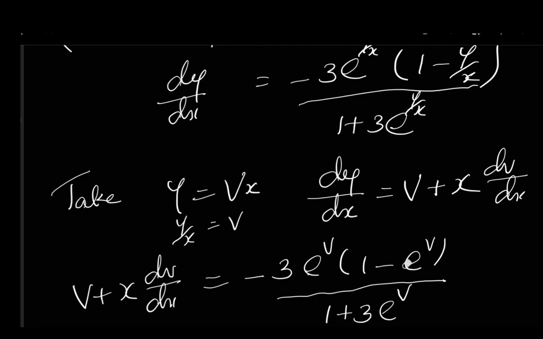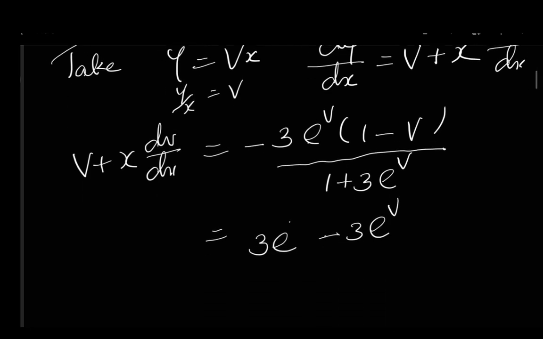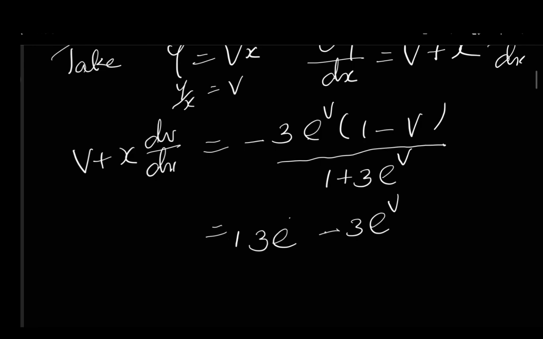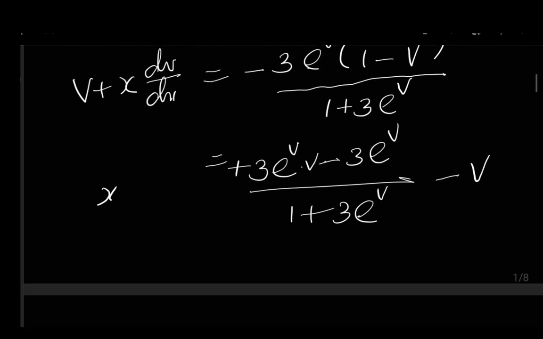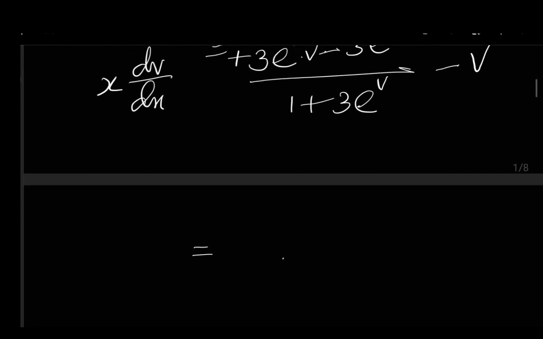Actually this is y/x, so just v alone we have to substitute. So I multiply this: plus 3v e^v by 1 + 3e^v. Then take this v to the other side, it becomes minus v. So on the left side you will get x dv/dx. Take the LCM as 1 + 3e^v.